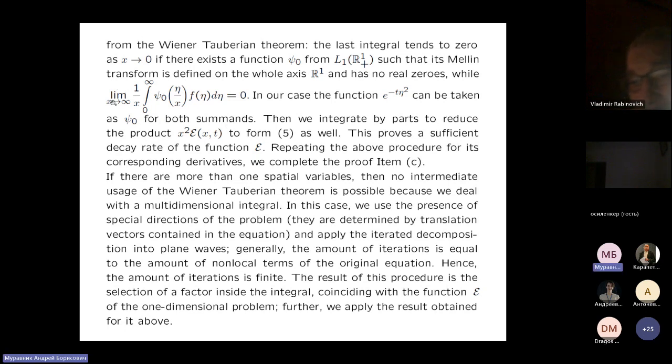And this limit relation is satisfied for our function psi 0. Look, this assumption about the Mellin transform is assumed only on the function psi 0.